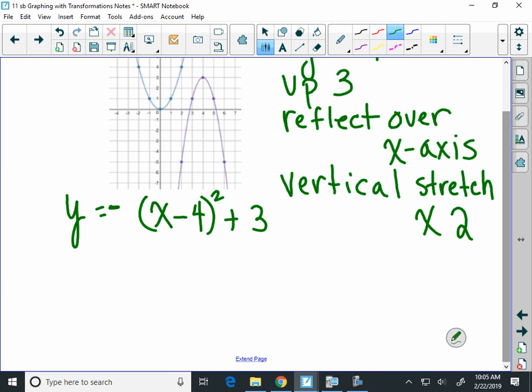The vertical stretch, or compression, as the case may be, is on the outside of the function. The inside would be horizontal, and we're not talking about horizontal. So vertical stretch is outside. So notice, negative is a piece, the 2 is a piece, then the parentheses is a piece, and then the 3 is a piece. And by piece, I mean those are separate transformations of our graph.